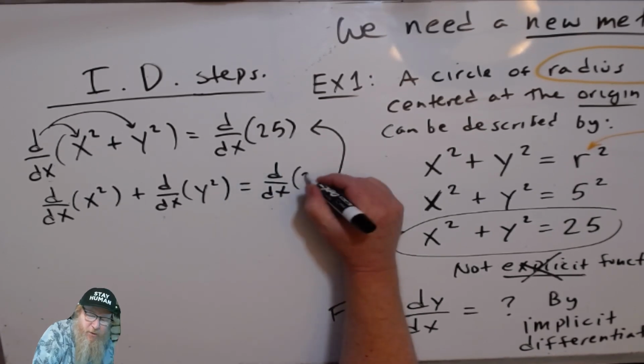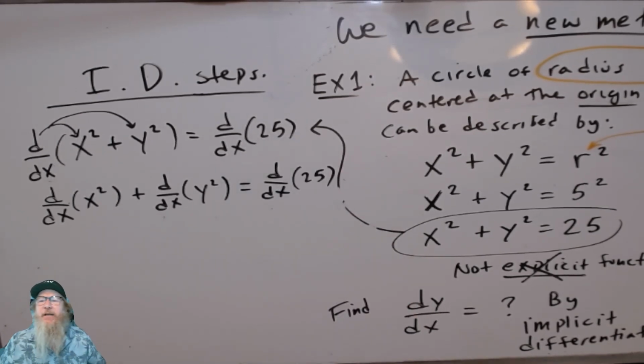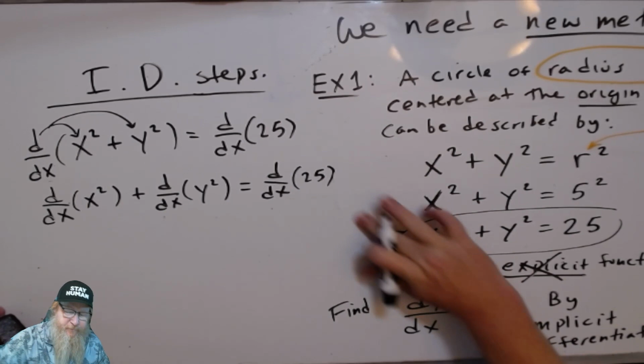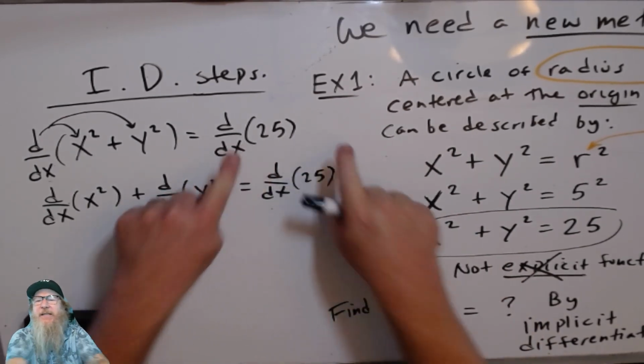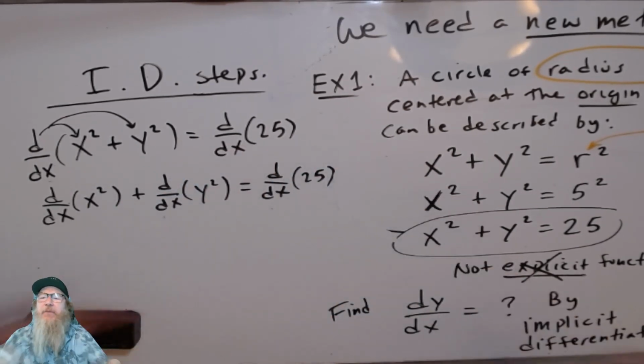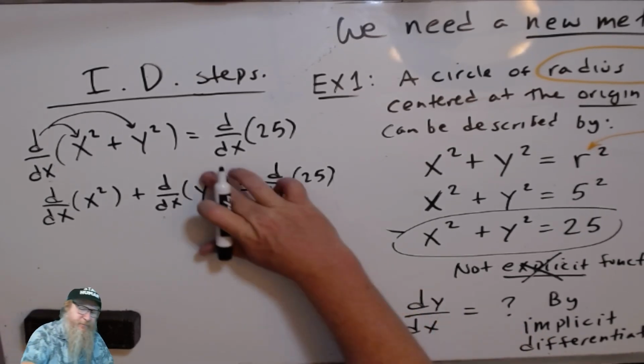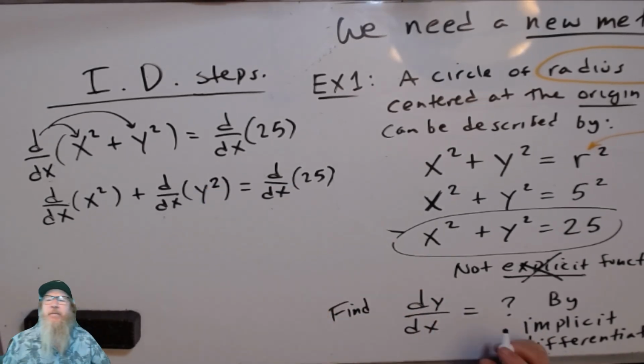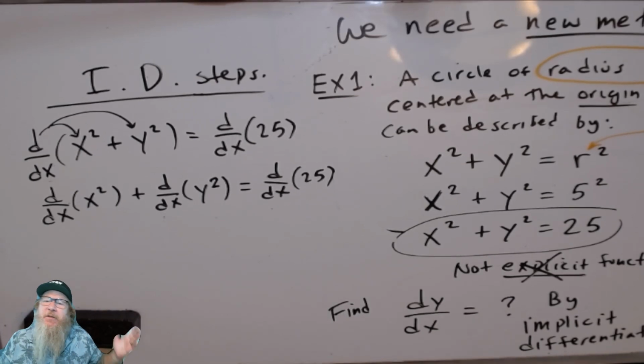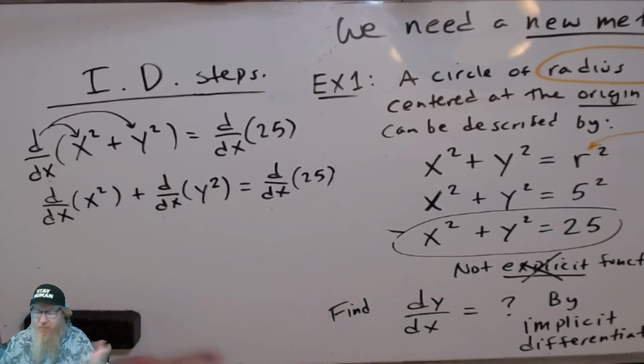This one only has 1 term, so it's already done. If the right-hand side had more than 1 term, then I would do the same thing on the right-hand side. Okay. So far, so good. The first couple steps are pretty simple. You can, in fact, if you want, in the future, jump right to this step here.